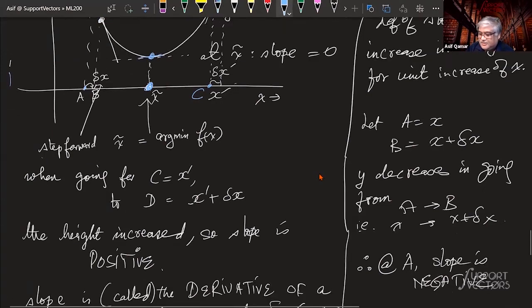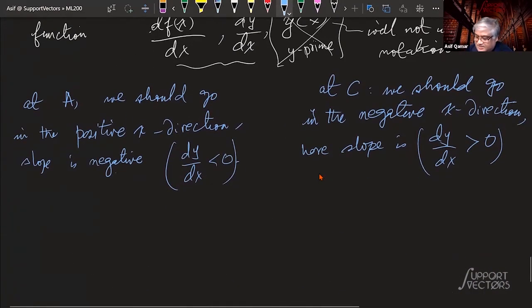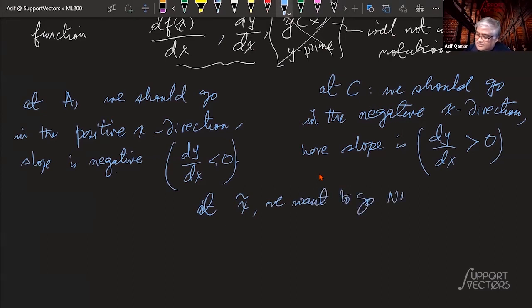No. If slope is 0, we go nowhere. We are already home, right?